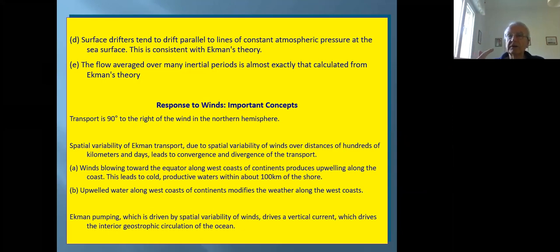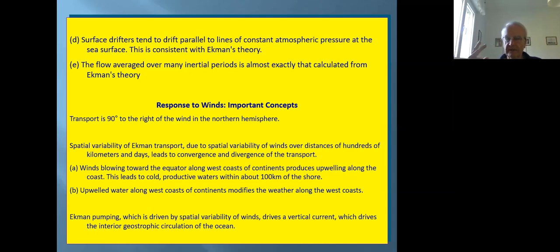If you consider the transport, it is something else. The transport is the integral of the water transported from the wind-induced current from the surface to the depth where you don't feel the influence of the wind anymore. And this water transport is 90 degrees to the right of the wind in the northern hemisphere. So these are the two important things.